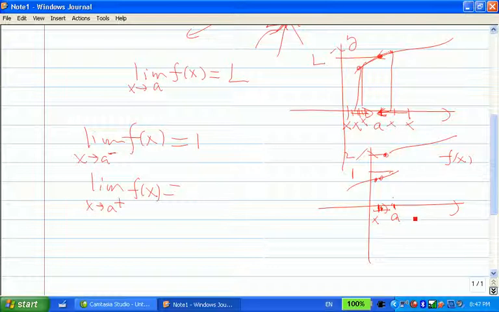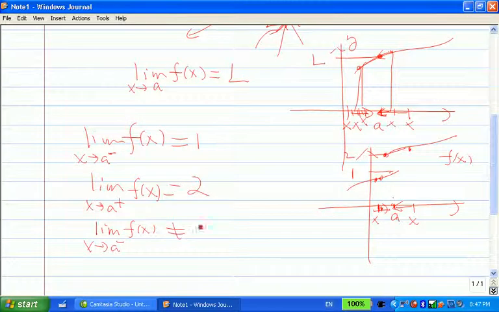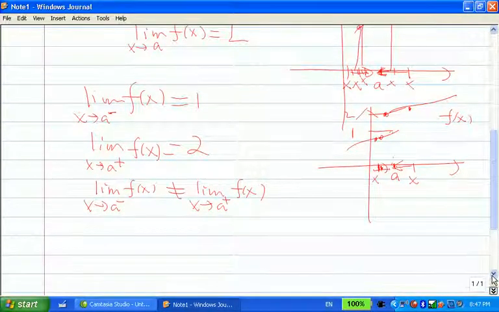This height is 2. Pick x bigger than a, f(x). When x goes to a, your f(x) goes to 2. Obviously, this time the left limit is not equal to the right limit, so we say this limit does not exist.